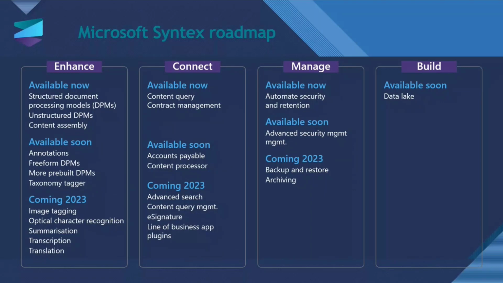So at Ignite, about a week or so ago, there were lots of new announcements. Now, I'm not going to go through all of these individually, but this was the roadmap that was released. It's not just about processing documents now. There is content assembly, generating documents.